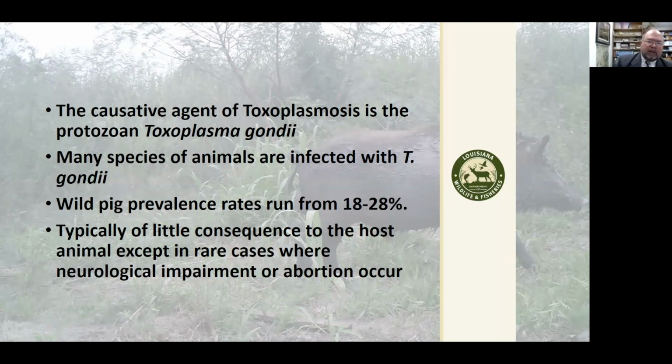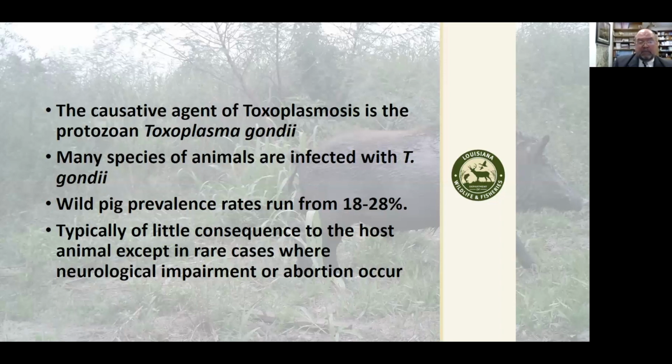Wild pig prevalence rates are variable, but they typically run between 18 and 28% positive for this organism. So it typically doesn't do much damage to the host animal. The animal has these little cysts in its muscles. They get around pretty well. Occasionally we'll see animals in my shop that come through that are neurological and they have toxoplasma in the brain or in the neural system somewhere that's causing a problem.